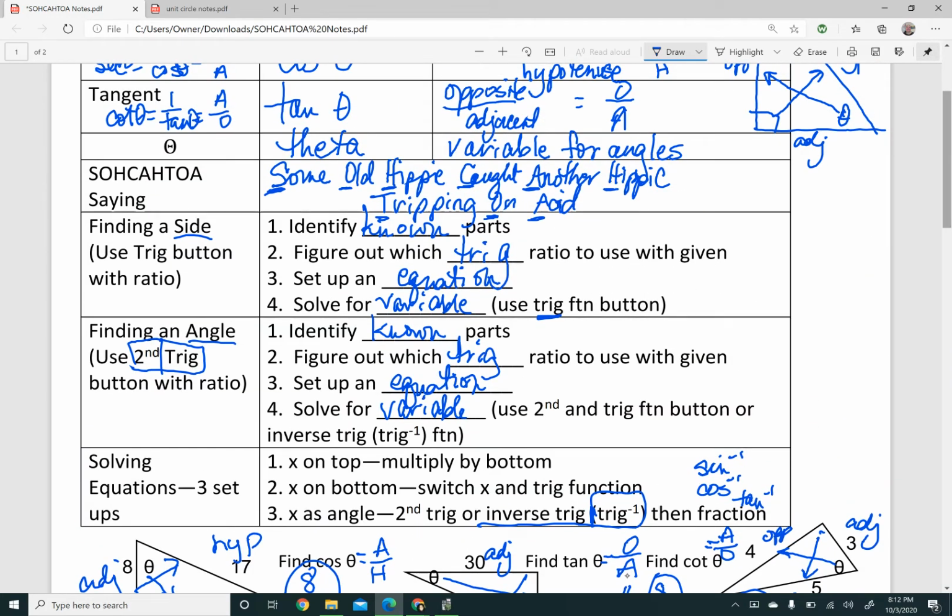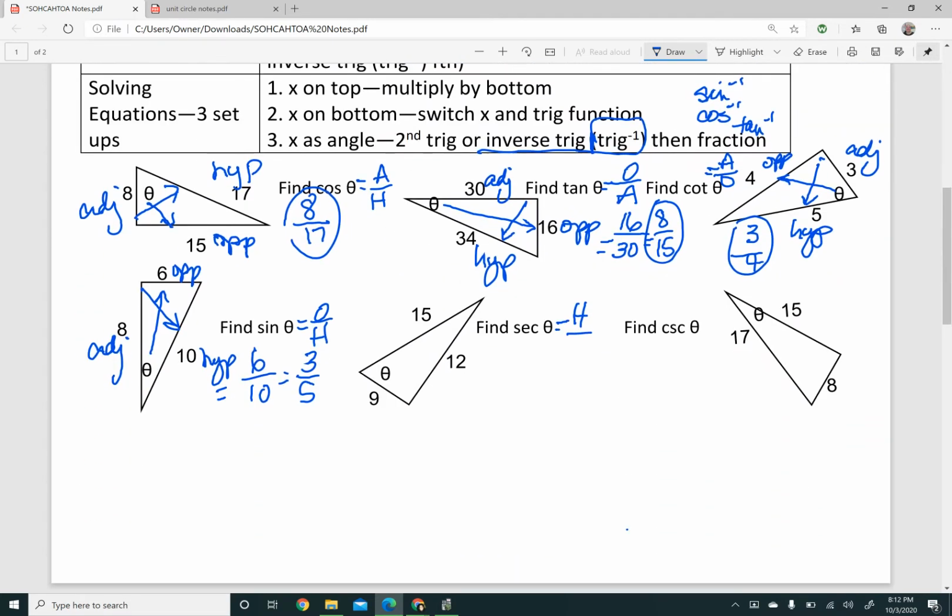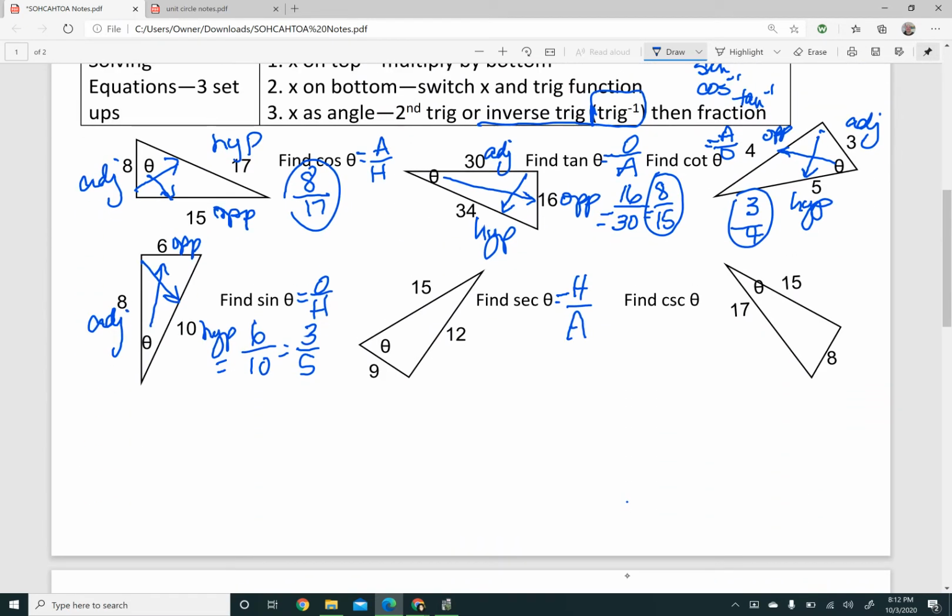So secant is hypotenuse over adjacent. So here is the opposite. Here is the hypotenuse. Here is the adjacent. So this is 15 over 9. Again, we would reduce. So that would make 5 over 3.